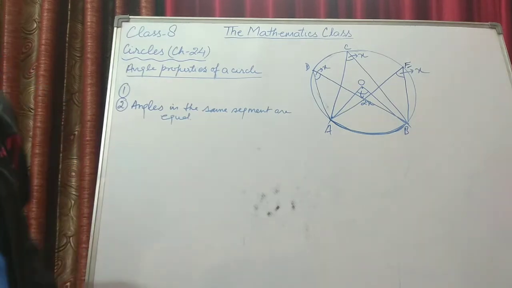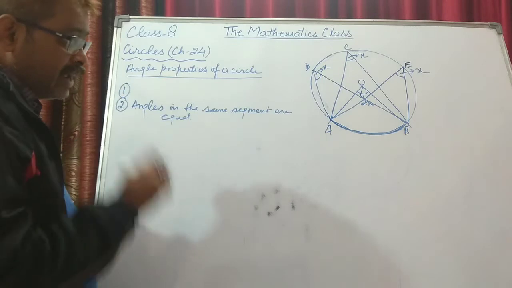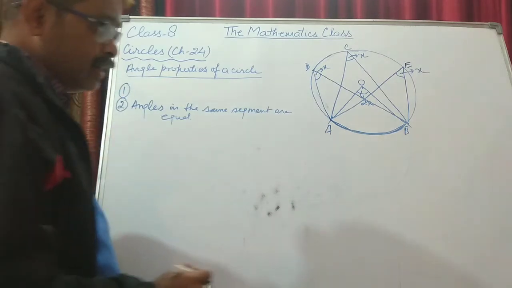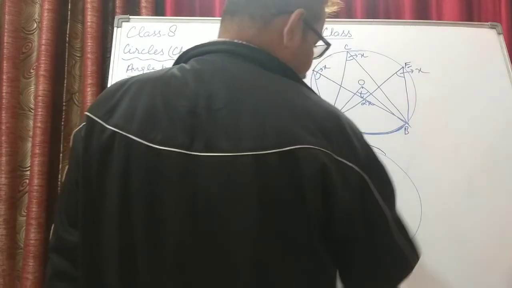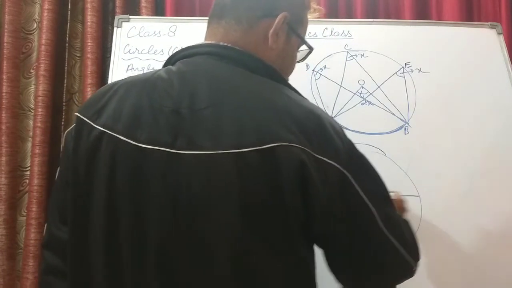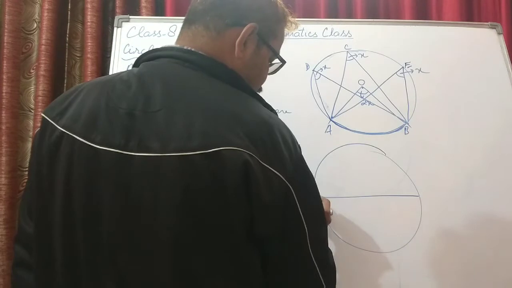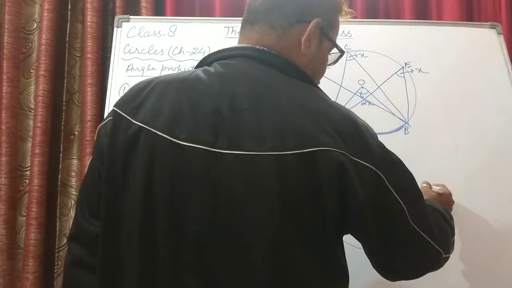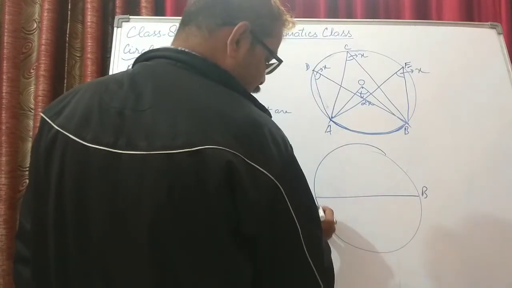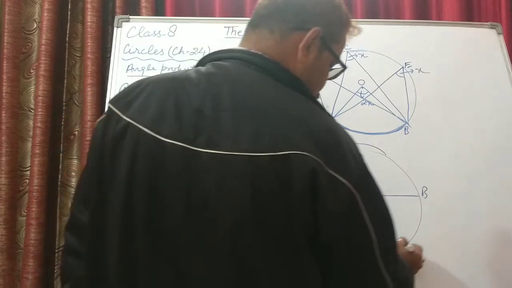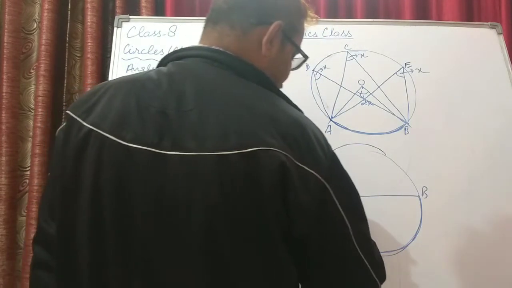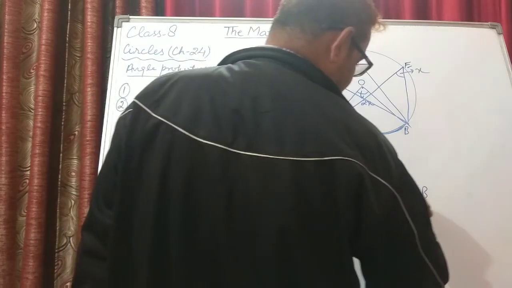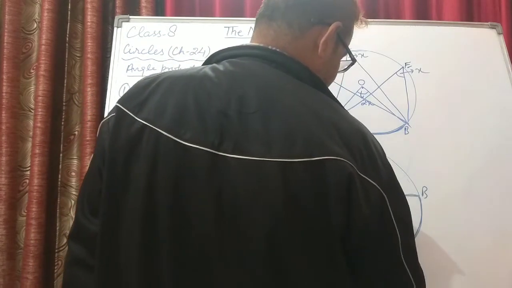Then next is that the angle made in a semicircle is a right angle. Why? Suppose this is a circle and this is the diameter AB. Now if you consider this AB arc, it is making an angle of 180 degrees at the center.